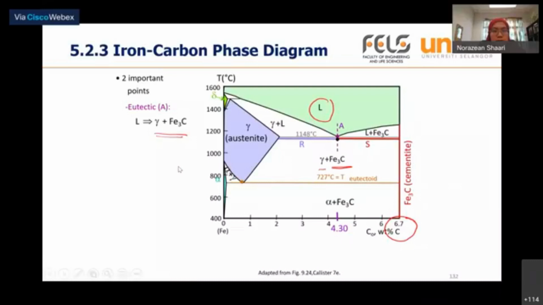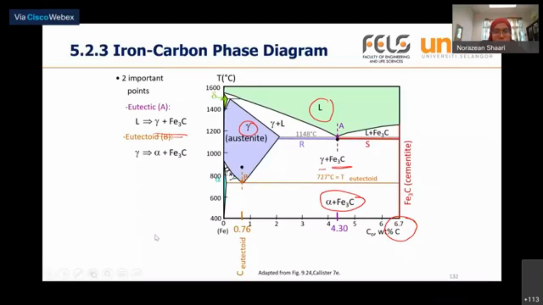Eutectic, and then kita ada eutectoid. Okay, point B. This is a transformation from one solid to two different solids. This one we have alpha and iron carbide.